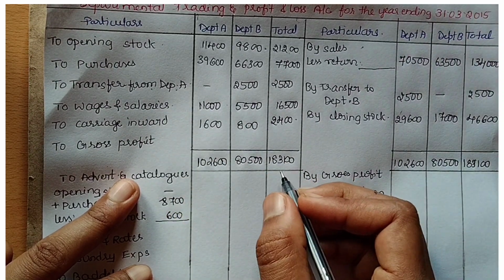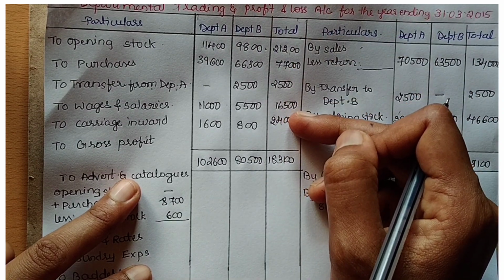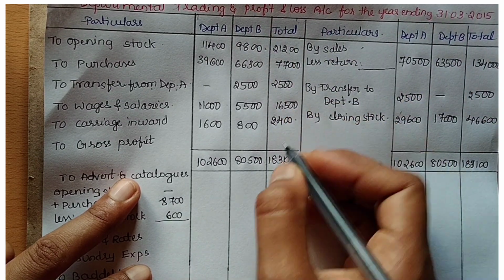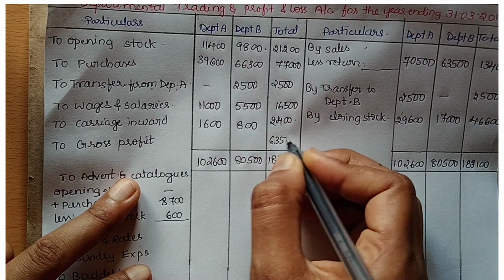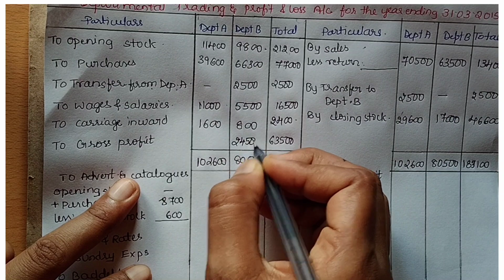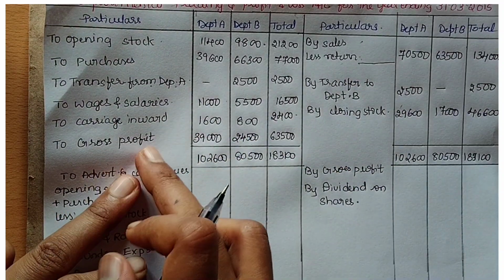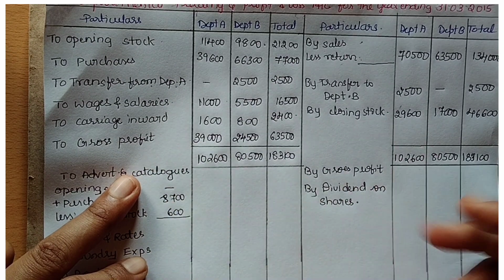Deduct it. 1,83,100 minus this one. How much will you get? 63,500, 24,500, 39,000. Now carry this gross profit here.